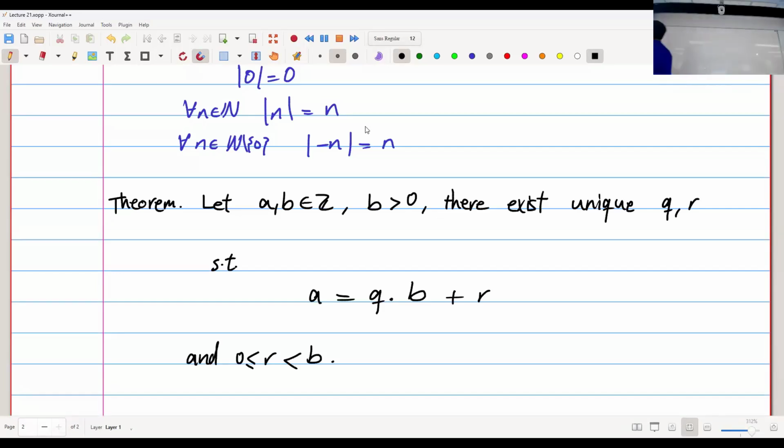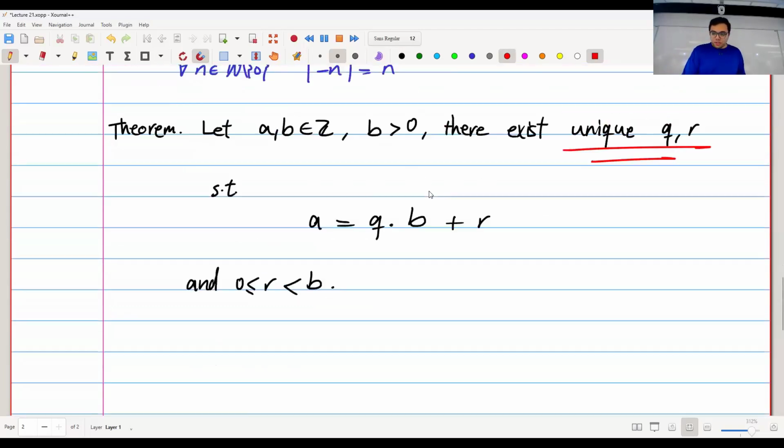So what am I saying? I have two numbers a and b. I want to divide a by b. I'm saying I can write a as q times b, so q is the quotient, plus some remainder. And the remainder should be less than b. Okay. But importantly, I'm also claiming that this is unique. There's only one way to find q and r such that this equation is satisfied.